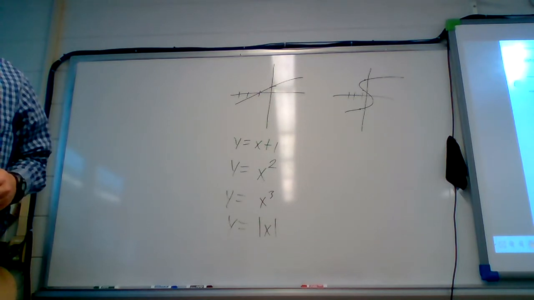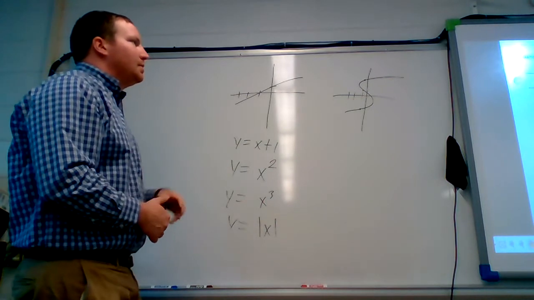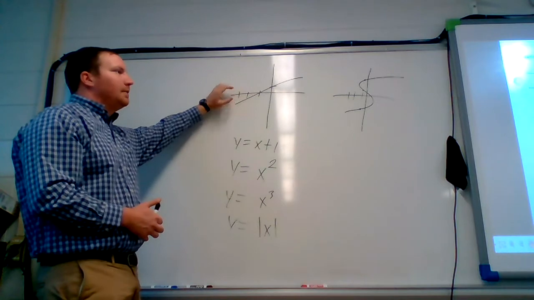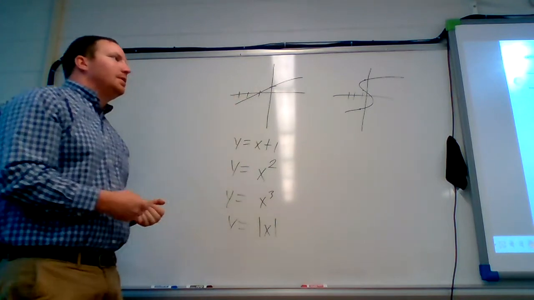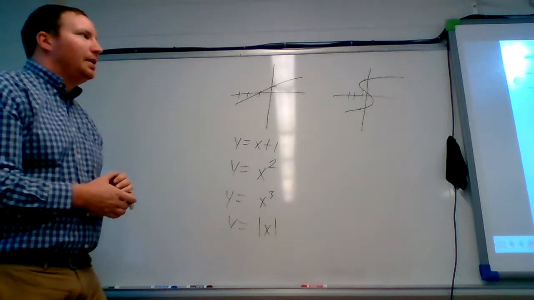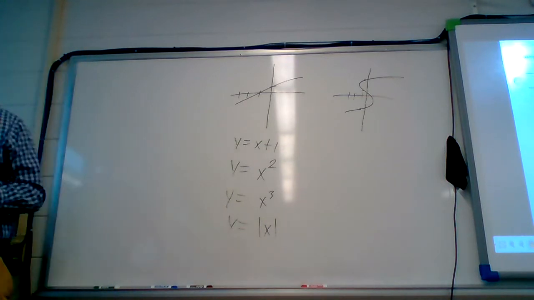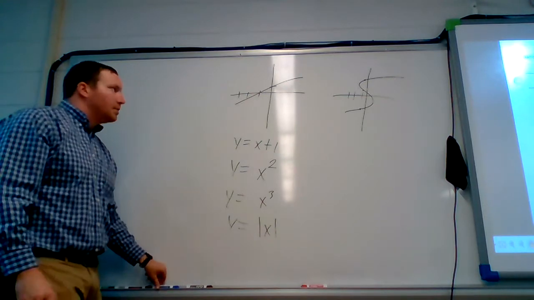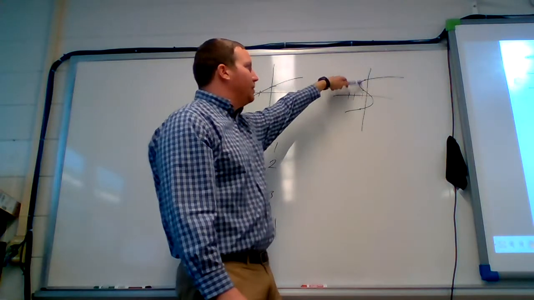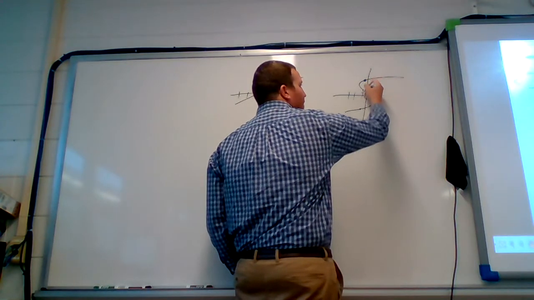Down below, I kind of even hinted at it. Whenever we're looking at functions or relations graphically, we have what we call the vertical line test. If any vertical line crosses the graph of a relation more than once, the relation is not a function. So over here on this one, if I drew a vertical line here, I touch it at 3 points.